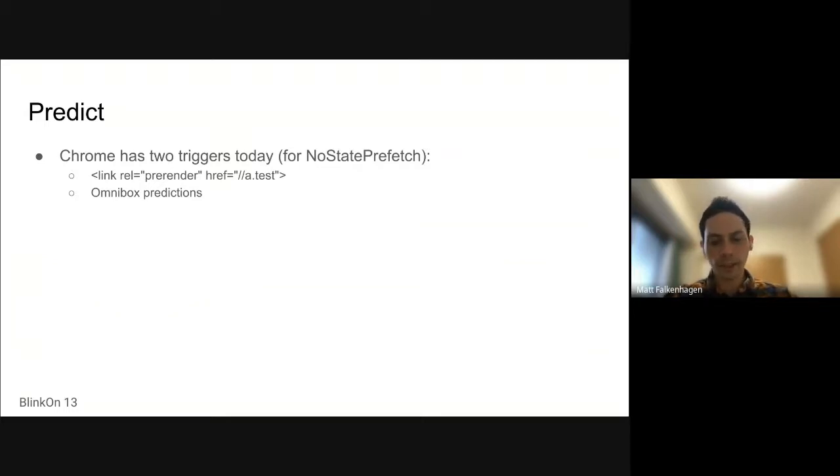The specification gives the browser a great deal of latitude in what it does when it gets this hint, and Chrome today does no-state prefetch. Chrome also triggers this prefetching on the Omnibox: if the input in the Omnibox is such that Chrome can think with a high degree of likelihood that you're going to visit a certain URL, it can go ahead and trigger no-state prefetch then.